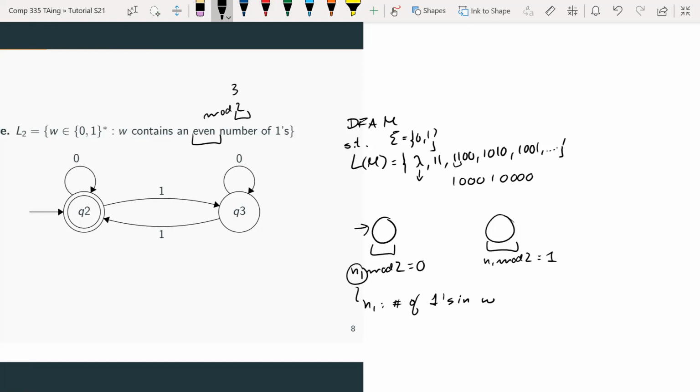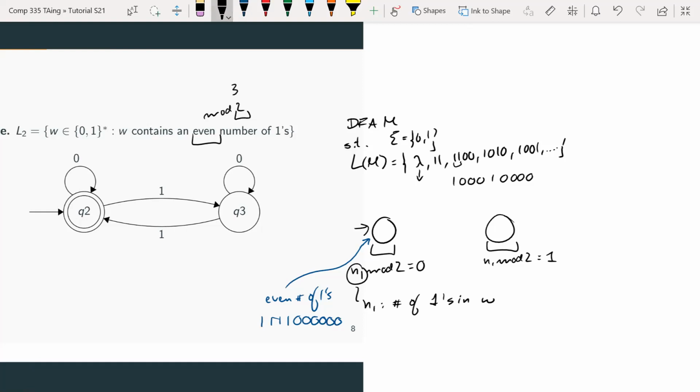So what you need to notice is each of these states represents its own case, okay? If I'm in this state, this means that I have an even number of ones. So imagine I have an even number of ones, 4, let's say. That means that any number of zeros I have won't affect the modularity of my number of ones, right?